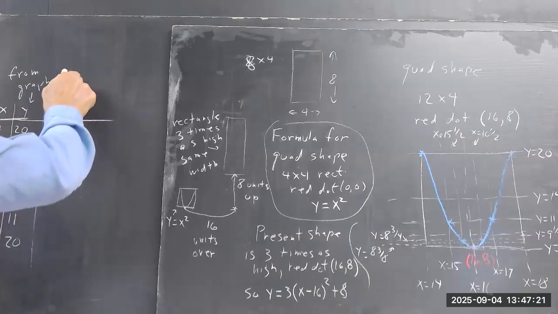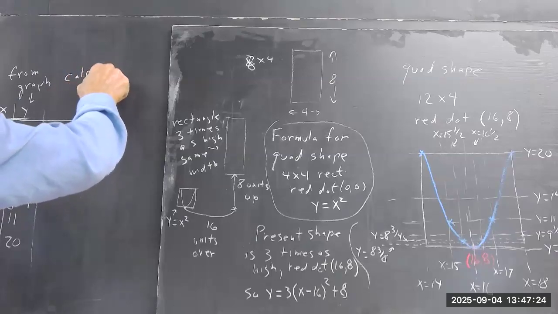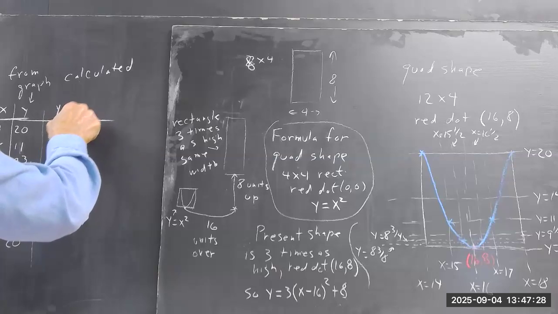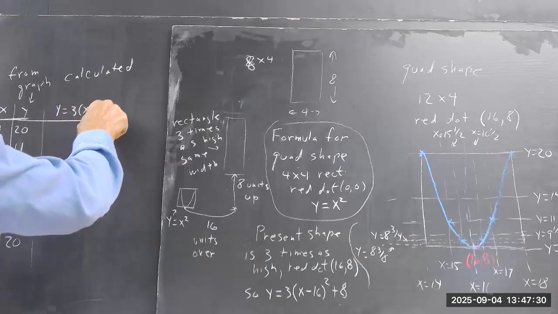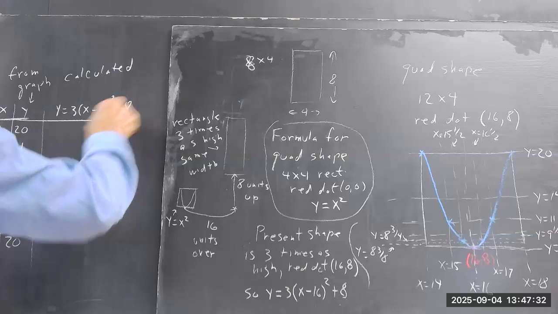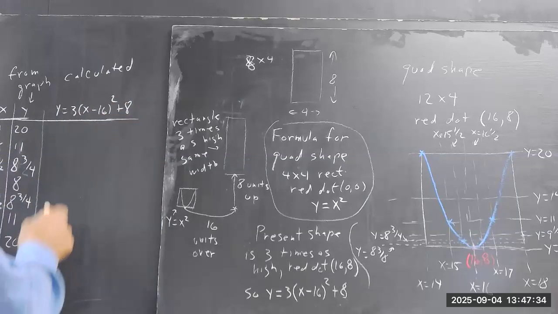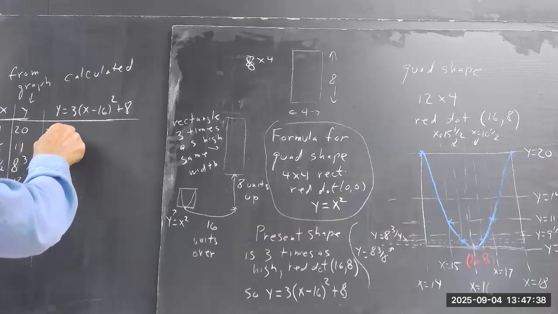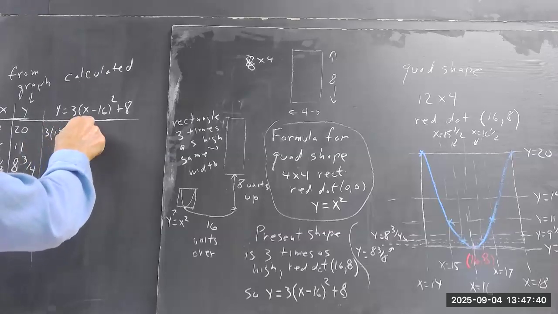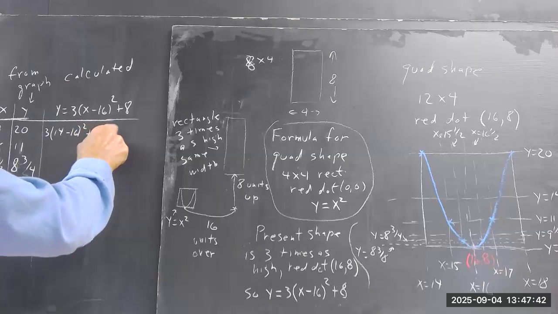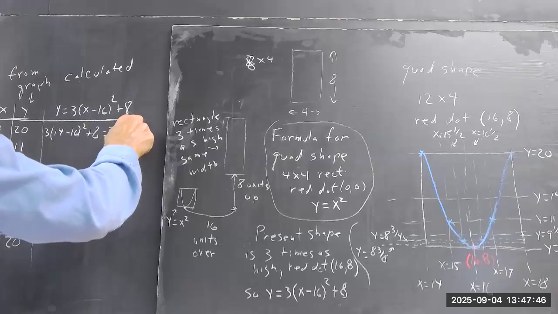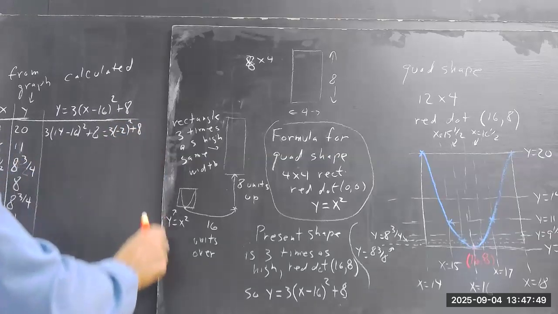These are from the graph. Calculated, we got y equals 3 times the quantity x minus 16 squared plus 8. So y equals 3 times 14 minus 16 squared plus 8, which is 3 times negative 2 squared plus 8.